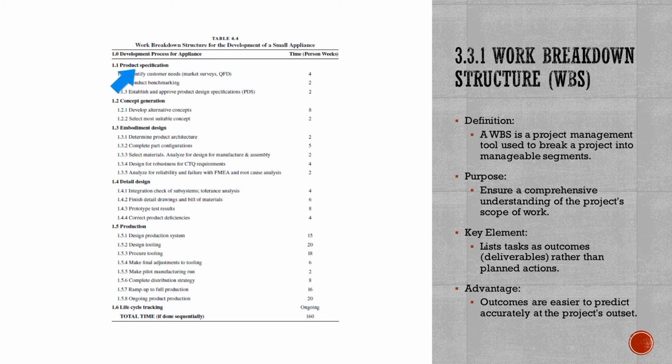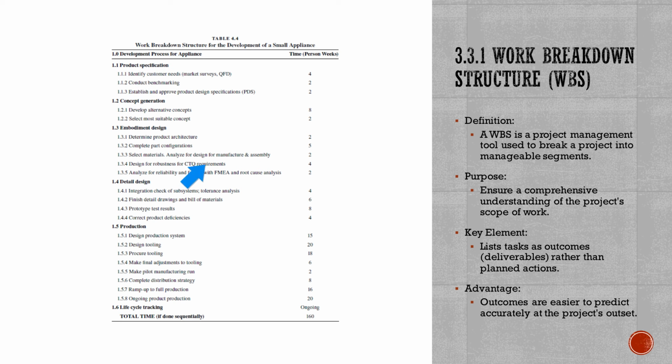For example, the work included in product specification is to identify customer need, conduct benchmarking, and establish a product design specification (PDS). So these three activities will fulfill the product specification.